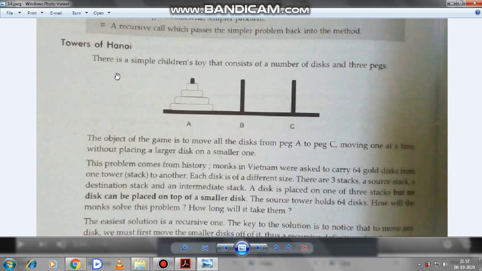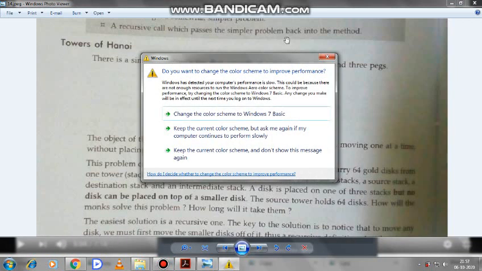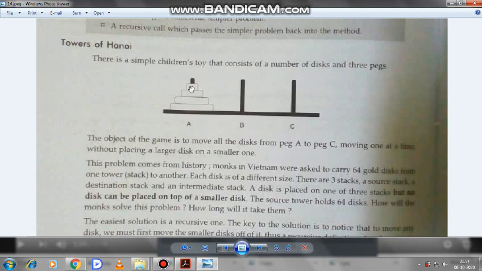But the condition is you can move only one disc at a time, and the disc with bigger diameter is always at the bottom, that means the disc with smaller diameter is always at the top.